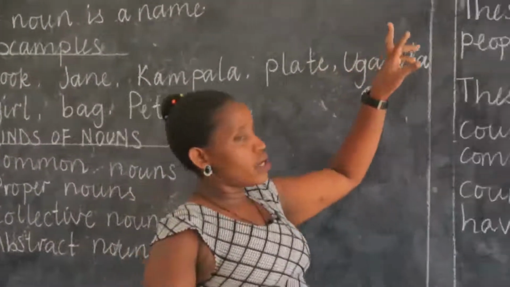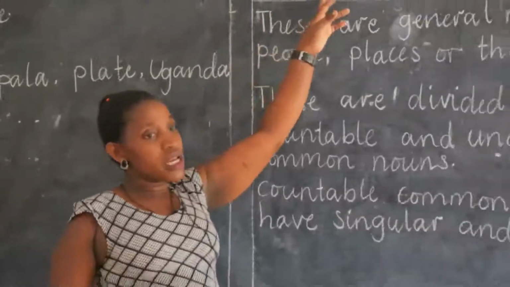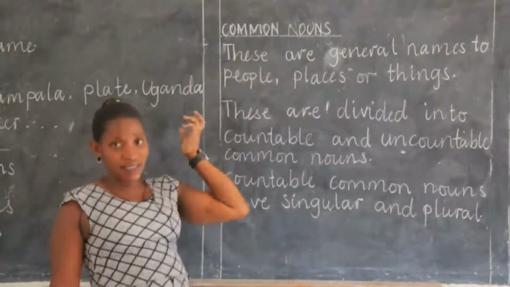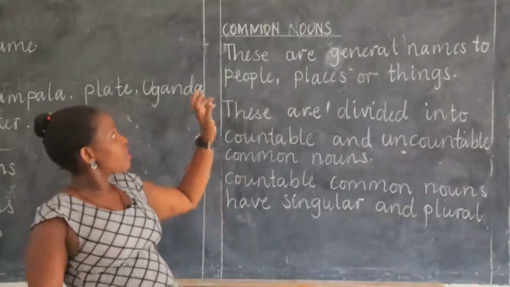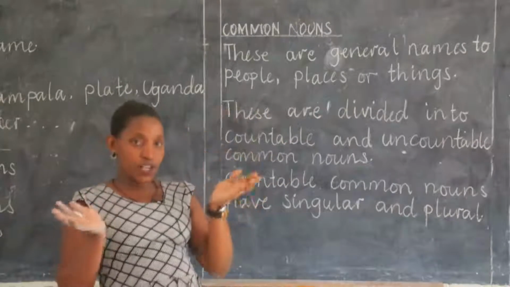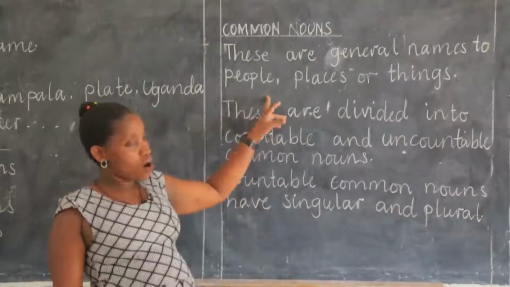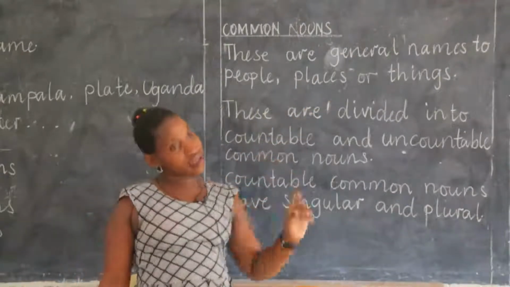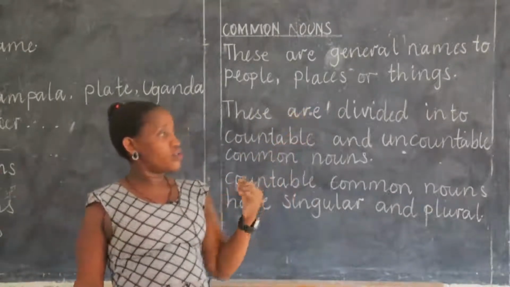So today we are looking at the common nouns. Common nouns, what are they? We can say these are general names to people, places, or things. When I say general, what do I mean?